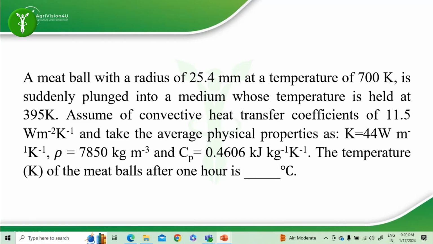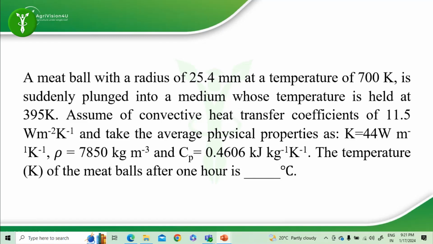I solved it, but don't know whether the answer is correct or wrong. What answer did you get? 286.88. Others? 200.78, ma'am. Okay, fine.